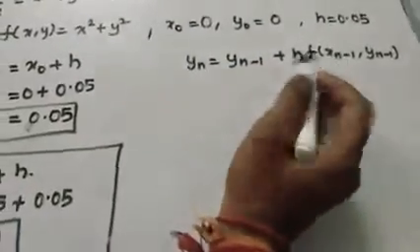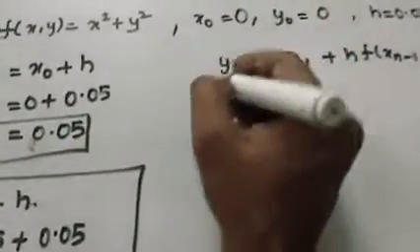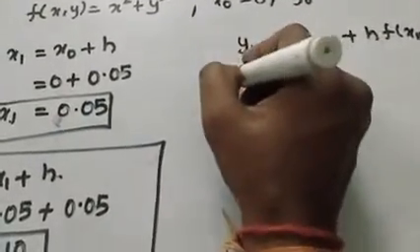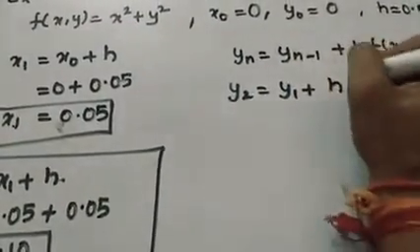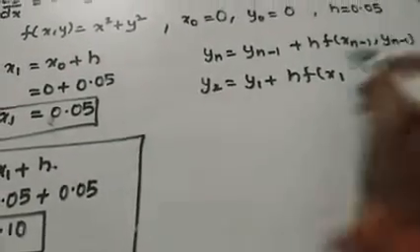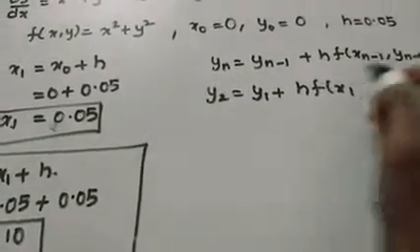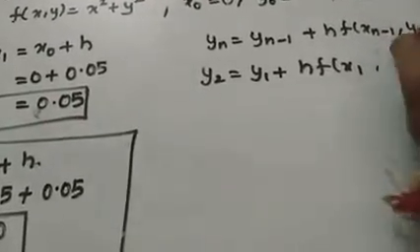Okay, so let's start. Again the same formula. What do we have to find here? y2, that means putting n equals 2. That is y1 plus h into f of x1 comma y1, putting n equals 2, that is 2 minus 1, 1.